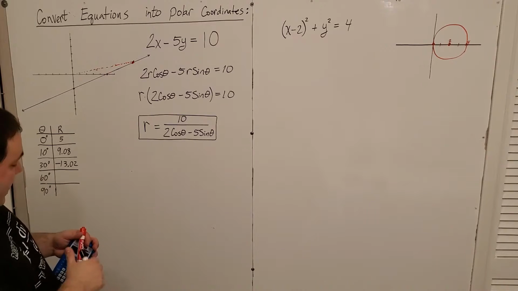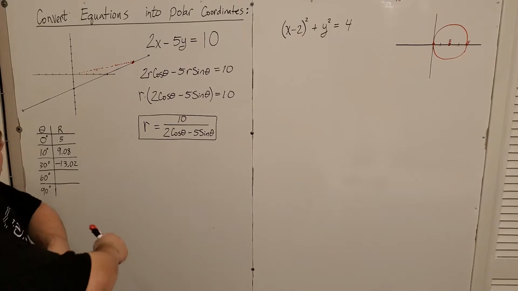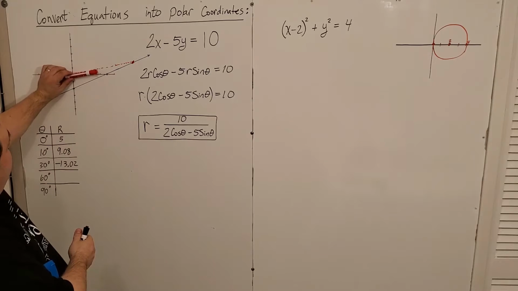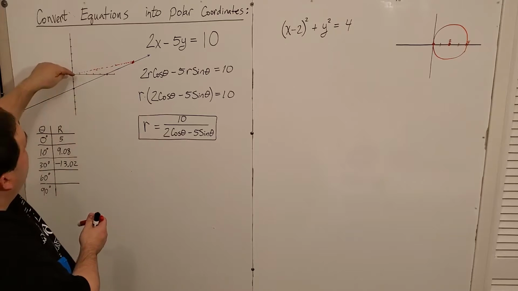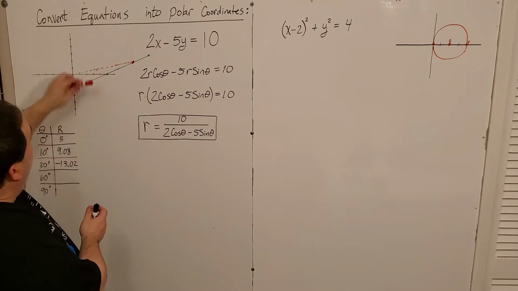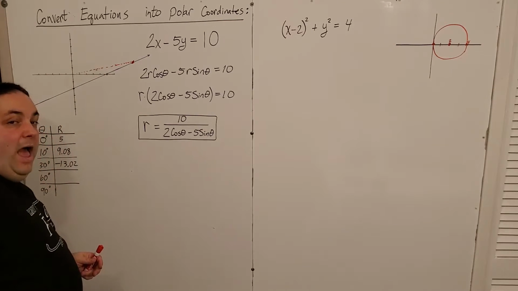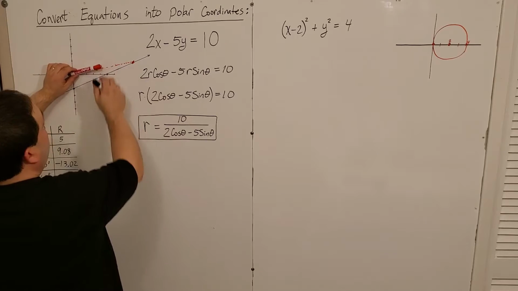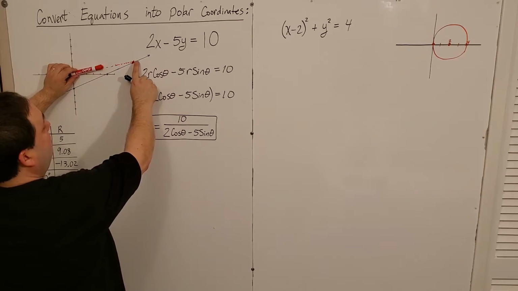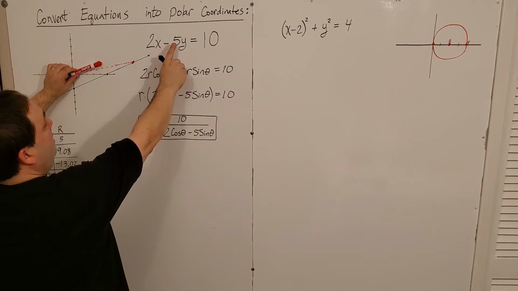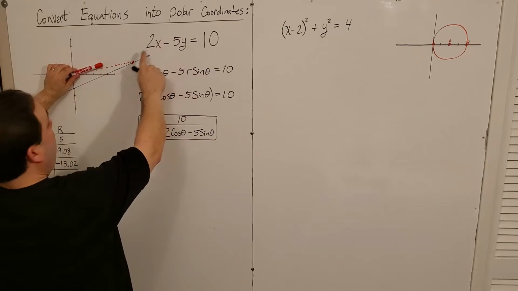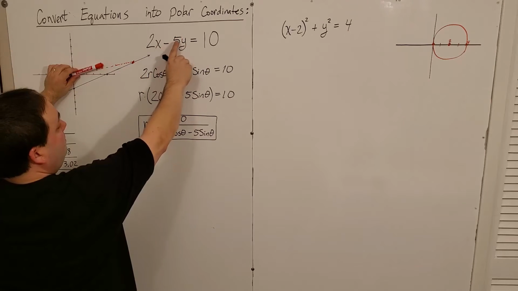All of a sudden it went negative. Here's what happened. My r is rotating here, right? And as it rotates, this line gets longer, right? As this rotates, it's going to be going further and further out right here. So this is at 10 degrees, it's here, right? At 20 degrees, it'll be out here. And somewhere in there, right?